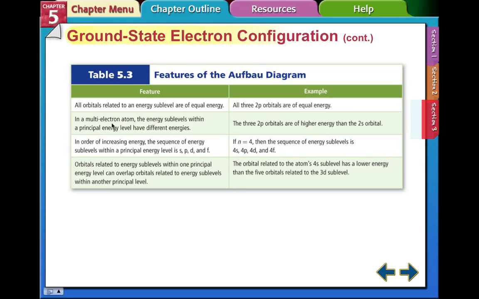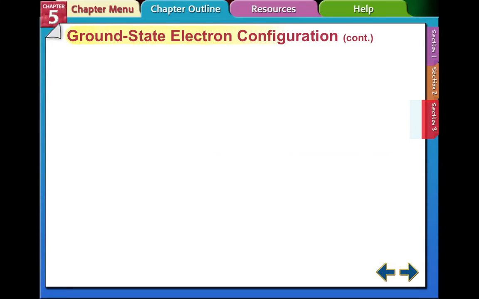In a multi-electron atom, the energy sublevels within the principal energy level have different energies. So the 3 2p orbitals are higher energy than the 2s orbital. So I'm going to go back here and we're going to look at that one.